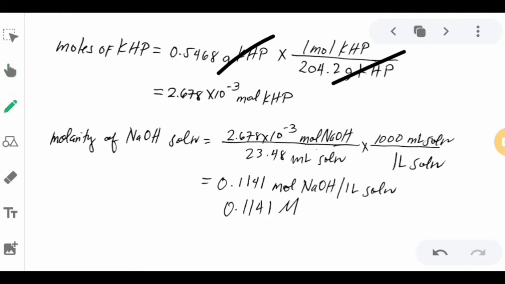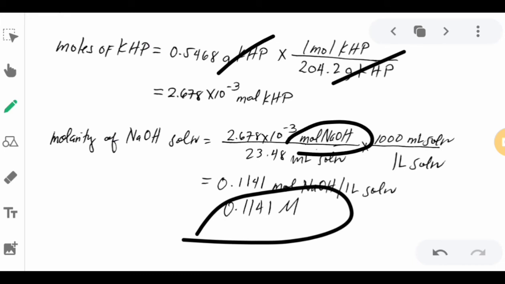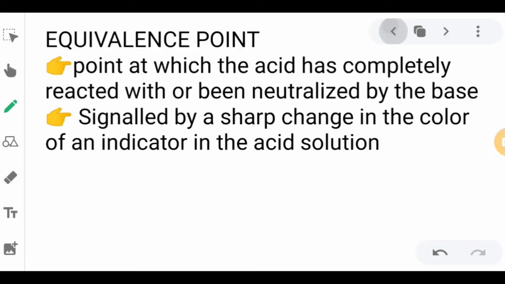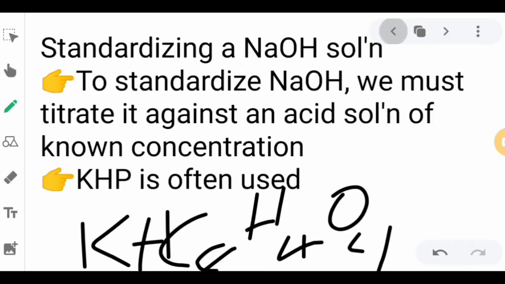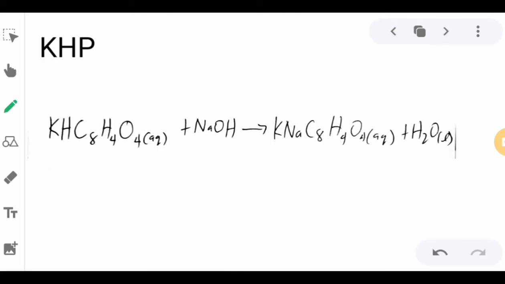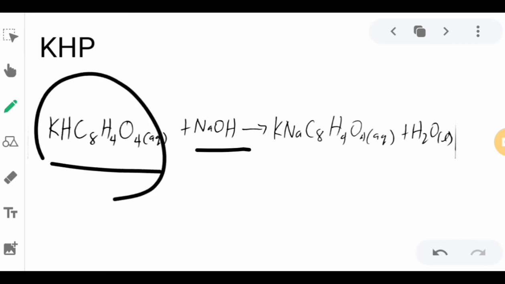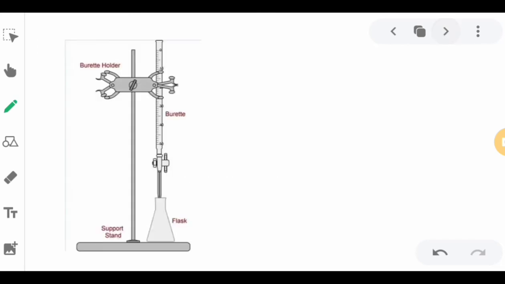This is the answer. So, if you ask why we have this here, this is the relationship based on the equation of the NaOH. Let me get back here. This one, we have 1 mole of NaOH and 1 mole of KHP. So therefore, whatever the amount of moles of KHP in the reaction will be the same amount of NaOH.